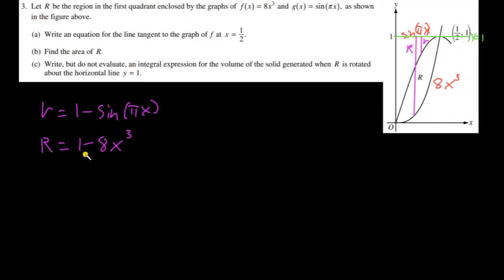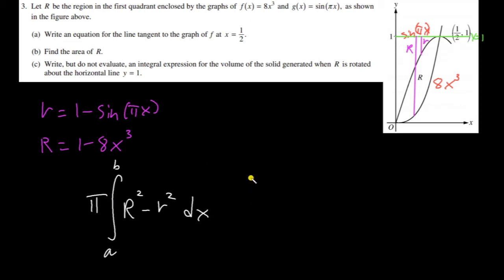We found these, and all we have to do is plug them into our equation: the integral from a to b of big R squared minus little r squared dx, times pi.